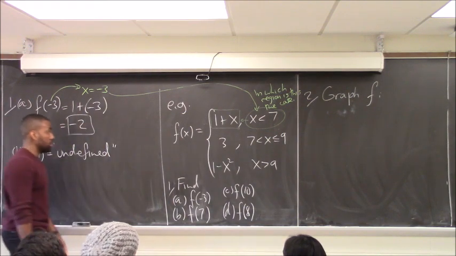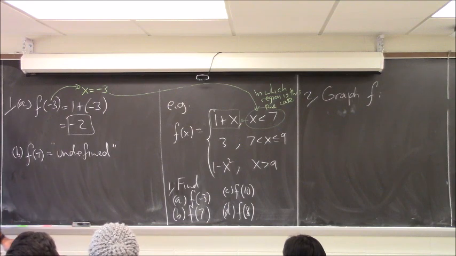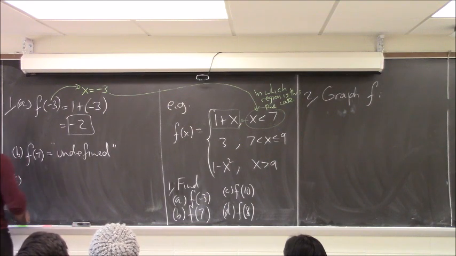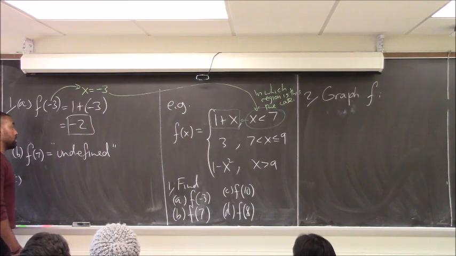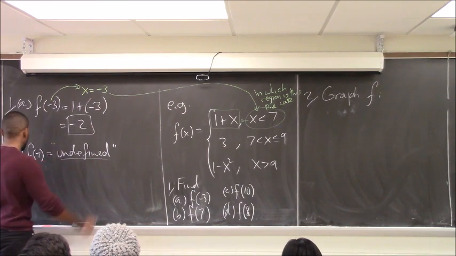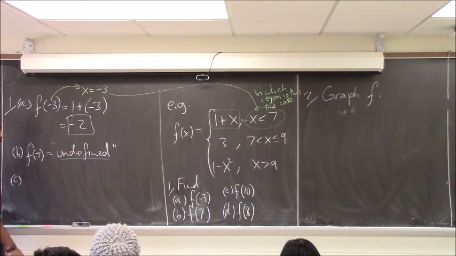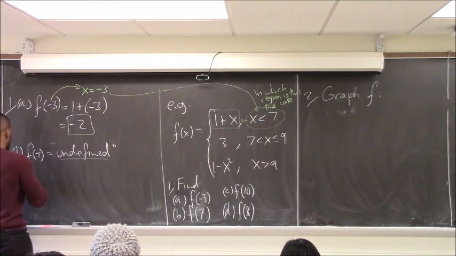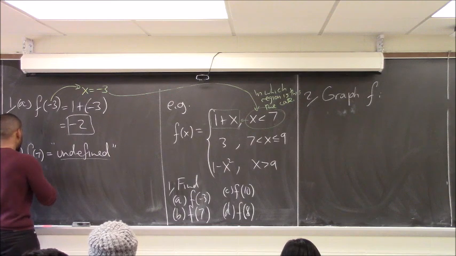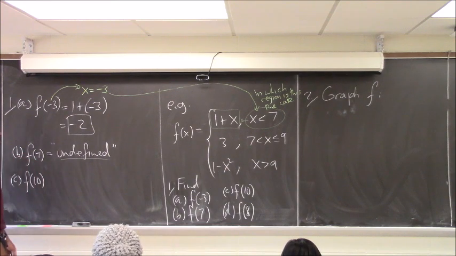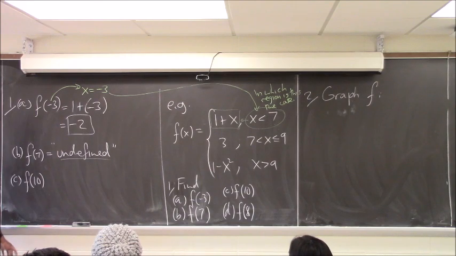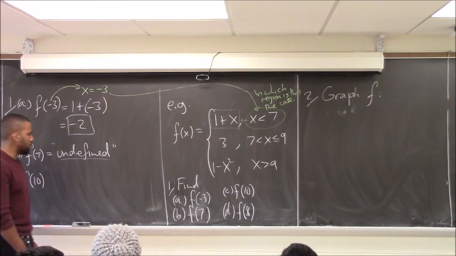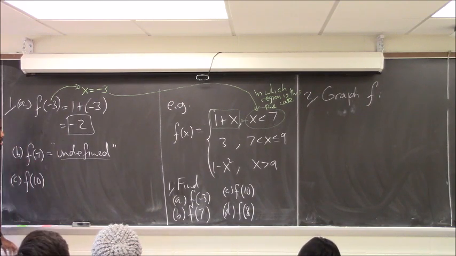So undefined would be the answer. That is a technical term, I guess you'd say. There are times in math where we distinguish undefined versus does not exist. Does not exist is not really the right terminology we would use here. We use undefined. C. f of 10.